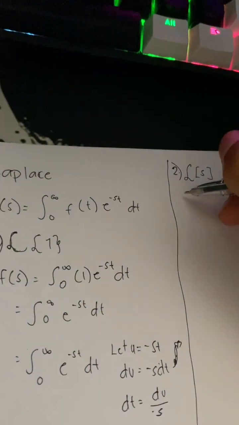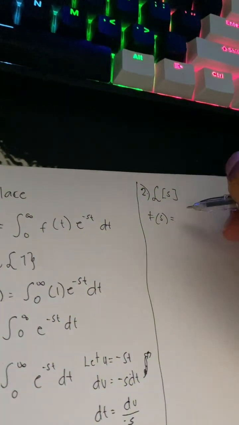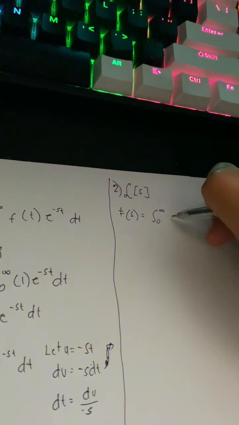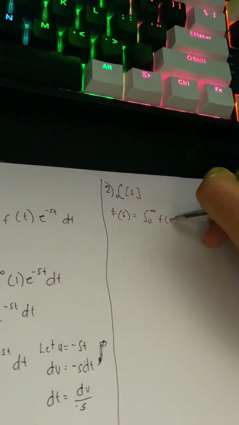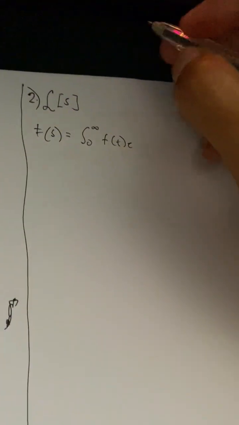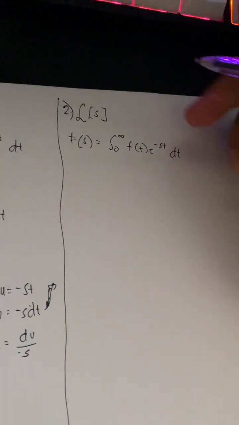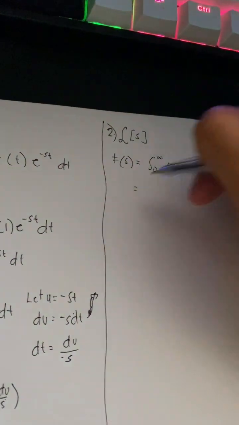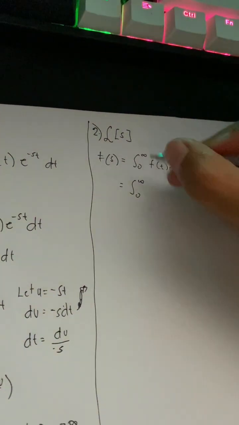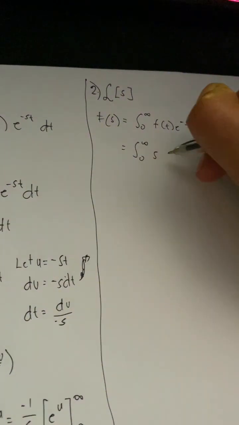Let's try another one, the Laplace transform of a certain constant, let's say 5. From the formula, F of s is equal to the integral from 0 to infinity of f of t times e raised to negative st dt, where f of t is 5.